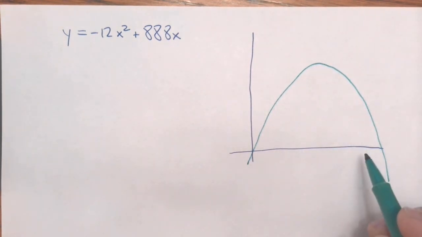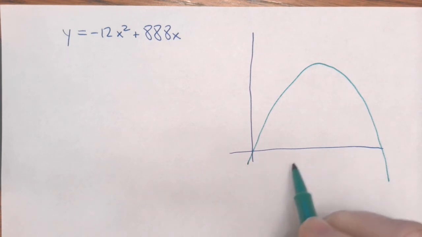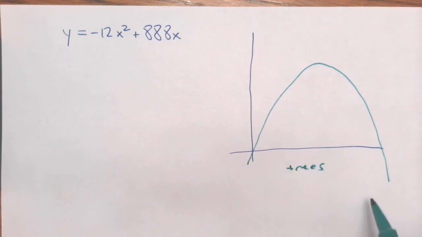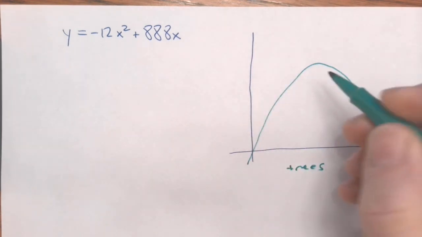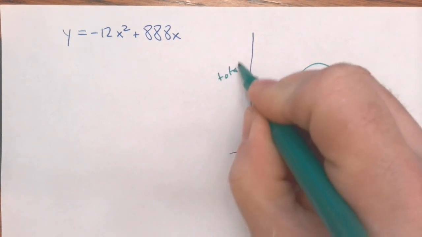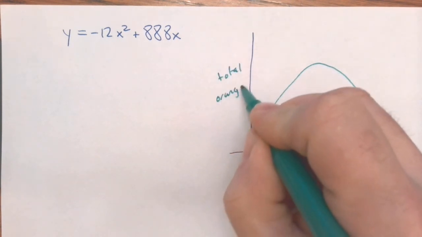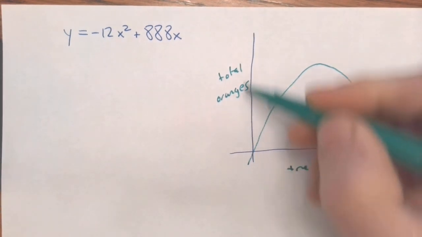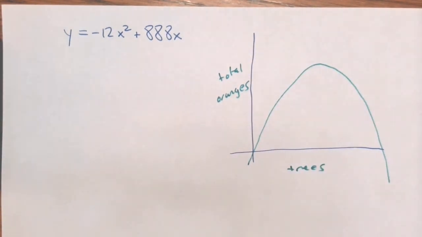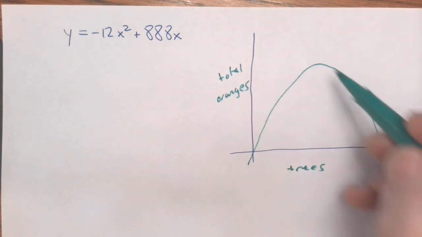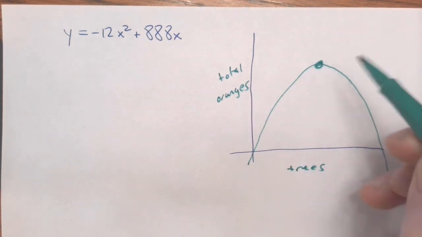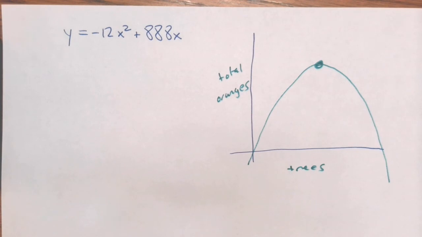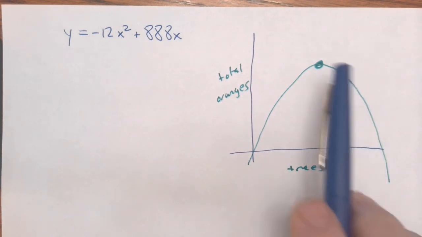On your x-axis, what we have is the number of trees. And on our y-axis, what we have is total oranges. We know that from our columns in our table. Our height represents our total oranges. We're trying to maximize the total oranges, so we are looking for the point that is the highest in our graph, which is going to be the vertex.